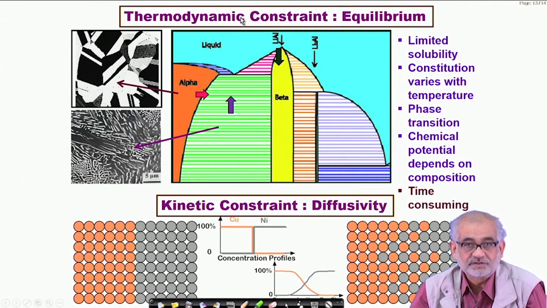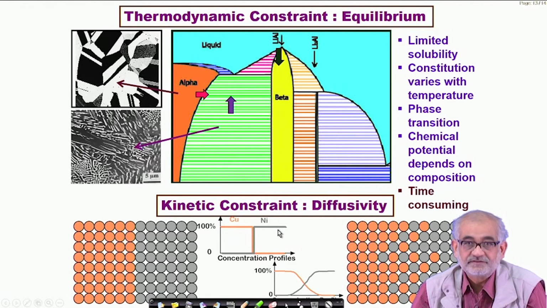So, in simpler words, thermodynamic restrictions impose certain compositional restrictions which cannot be overcome in equilibrium processing routes. And if you want to go beyond these equilibrium limits of solubility, then you resort to the so-called non-equilibrium processing, some of which we saw just now.